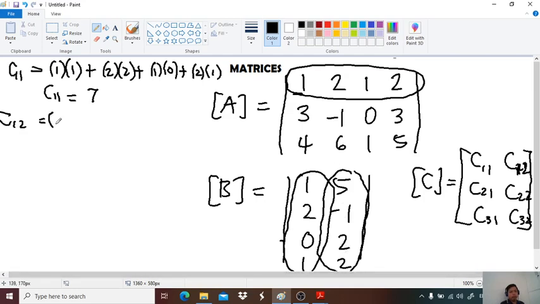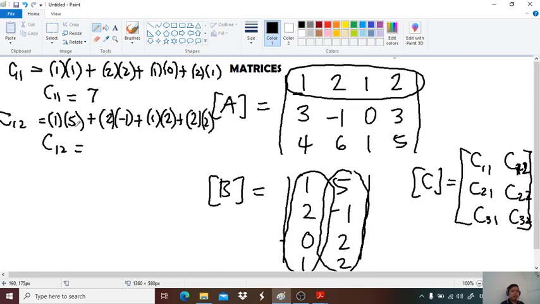So multiply and add: 1 times 5, plus 2 times negative 1, plus 1 times 2, plus 2 times 2. So your C12 is 5 minus 2 is 3, plus 2 is 5, plus 4 is 9.